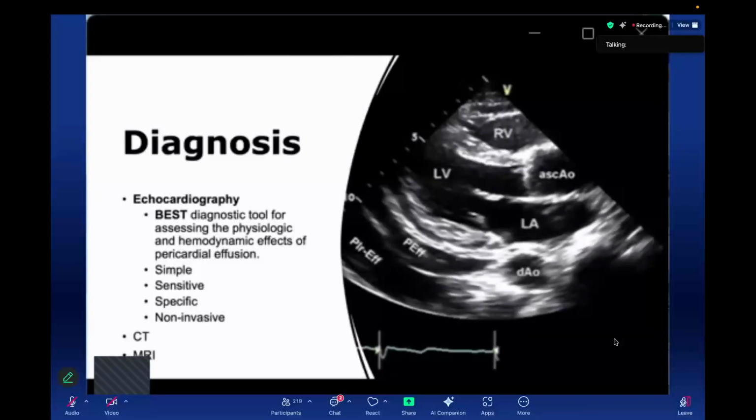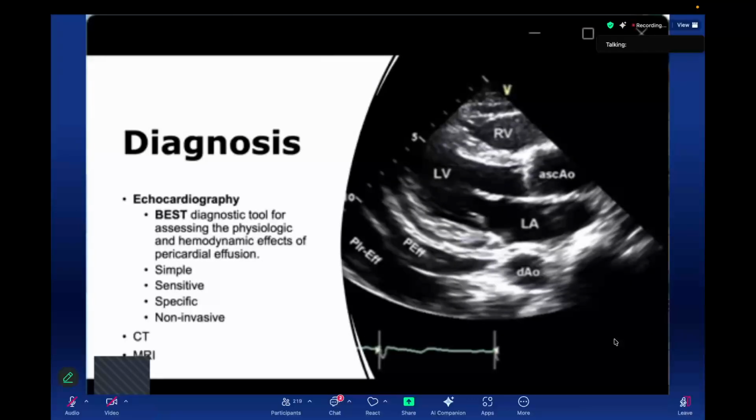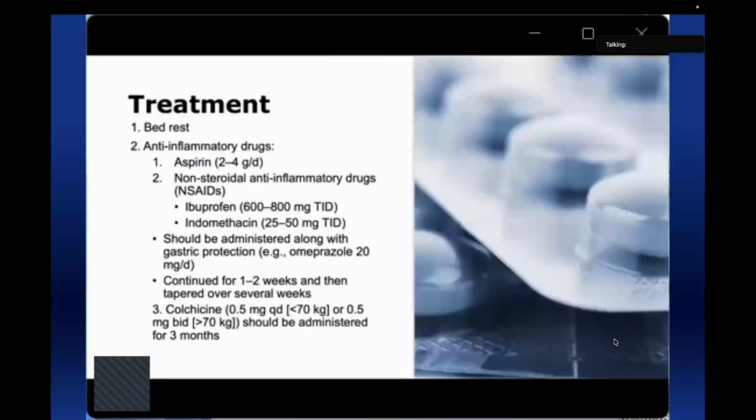How to diagnose? Your echo is still the best diagnostic tool for assessing the physiologic and hemodynamic effects of your pericardial effusion. This is a very simple, sensitive, and specific, but non-invasive tool. Of course, you might want to request a CT scan or MRI as well.